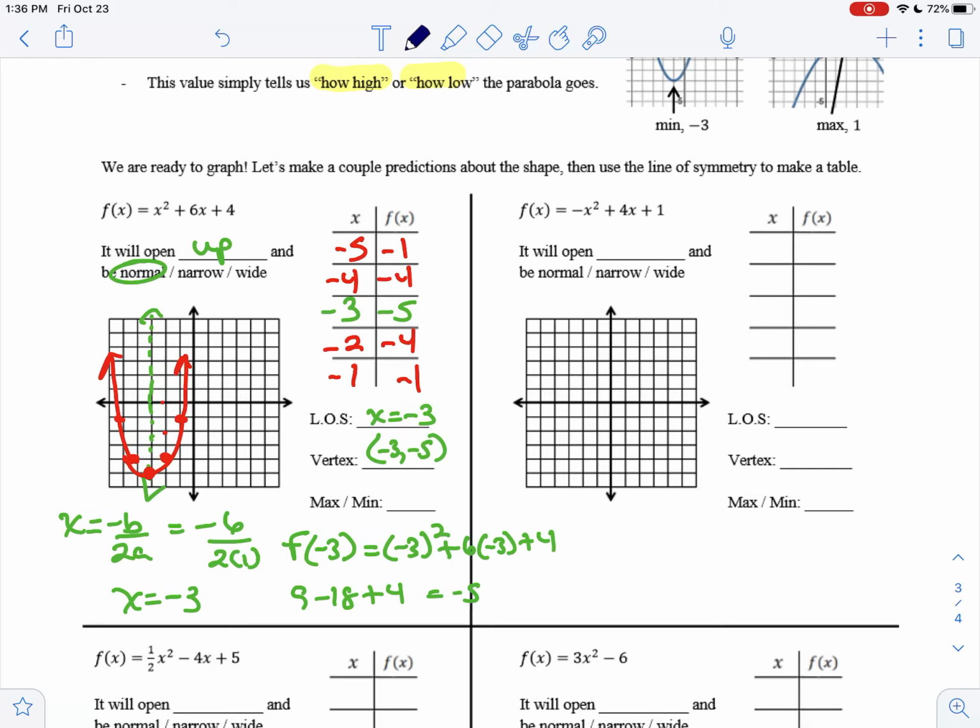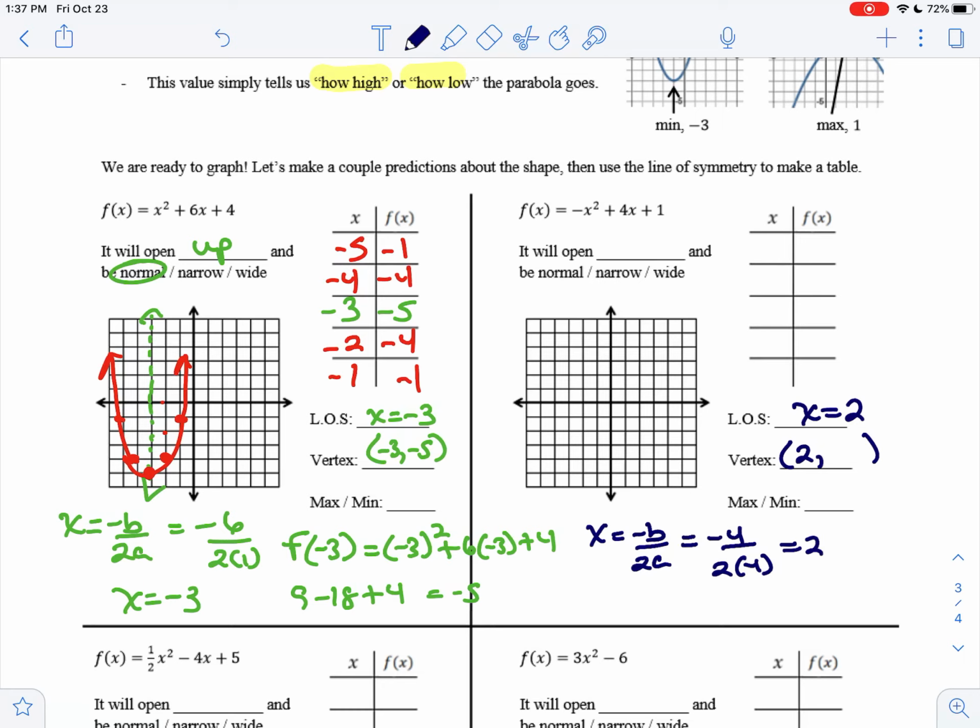So we are going to look at finding the line of symmetry first for our graph, and we're going to use our negative b over 2a. Okay, so negative 4 over 2 times negative 1 is 2. So x equals 2. That means my vertex is 2 something. So we'll plug that in.